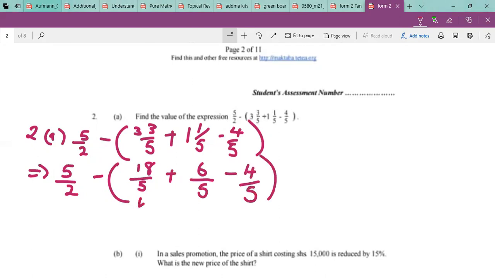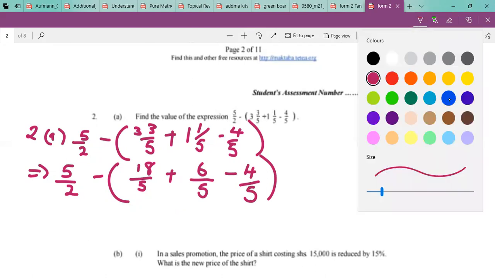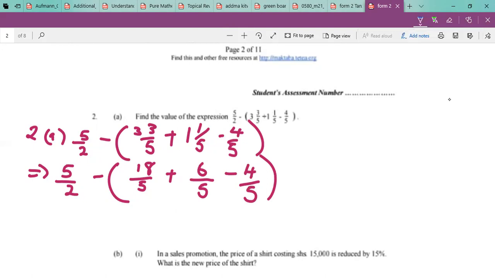Now take note, here the denominators are the same. So if the denominators are the same, we can deal with the numerators and maintain the denominator.